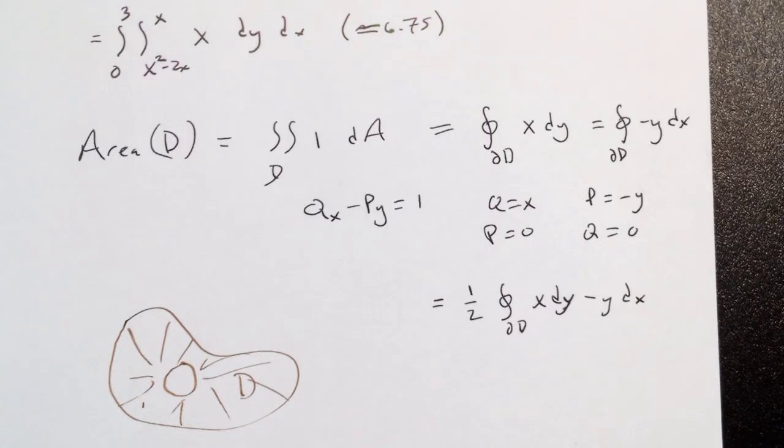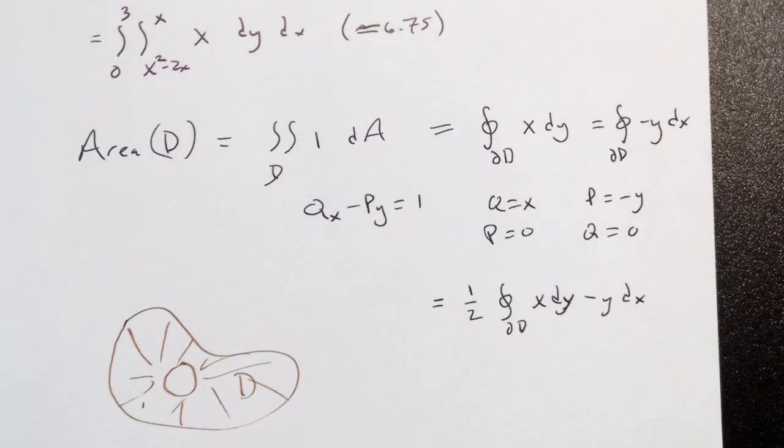And my region D is only the area between the two things. I still want to think about the boundary, but the boundary is now two curves.